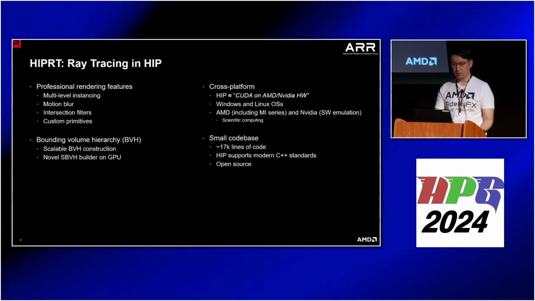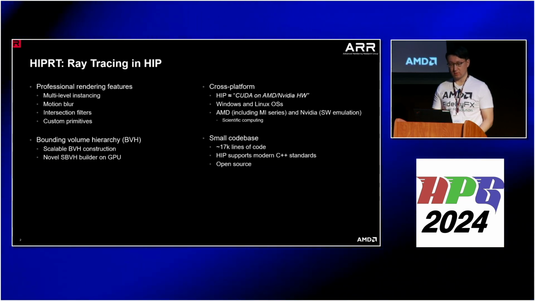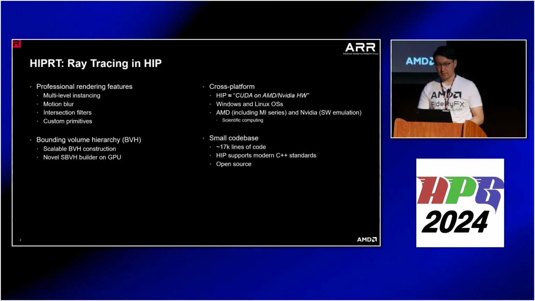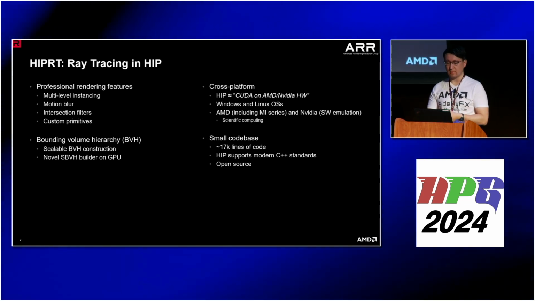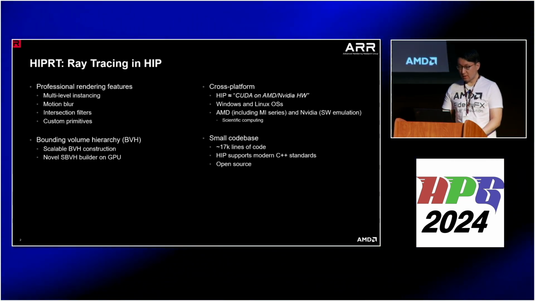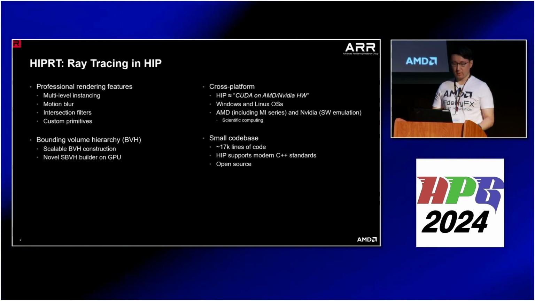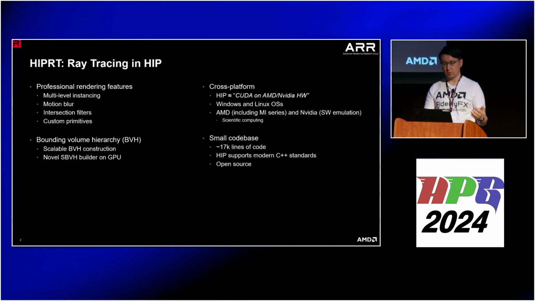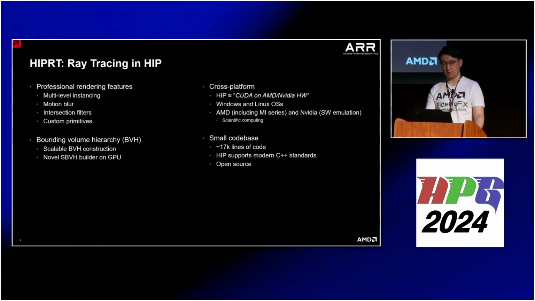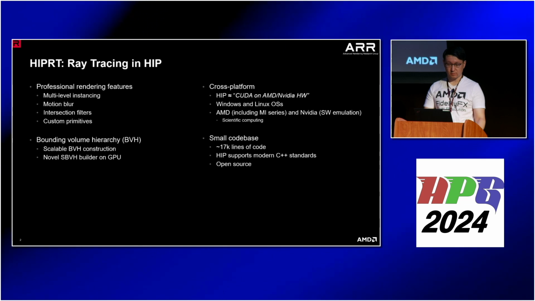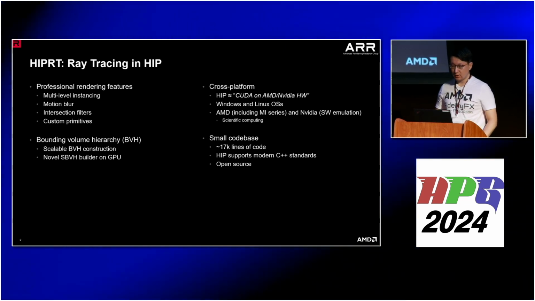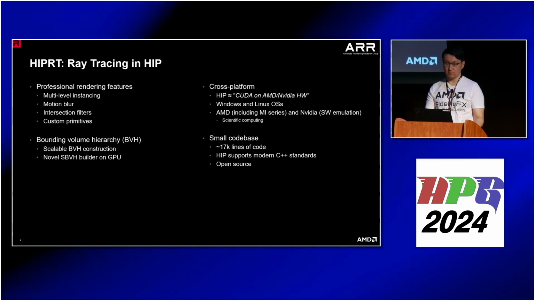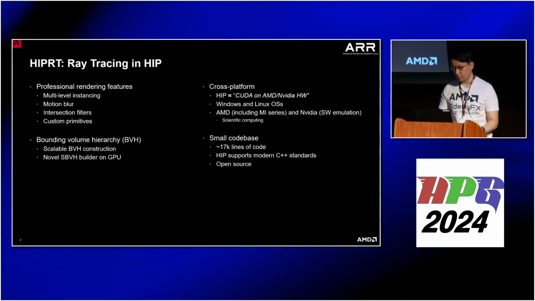HIPRT is cross-platform thanks to HIP, which is a kernel language syntactically almost identical to CUDA, but it can be compiled also for AMD GPUs. It runs on both Windows and Linux systems, and HIPRT can run also on GPUs without hardware acceleration compared, for example, to Vulkan or DirectX, which might be useful, for example, on MI GPUs, which might be useful for scientific computing, for example.